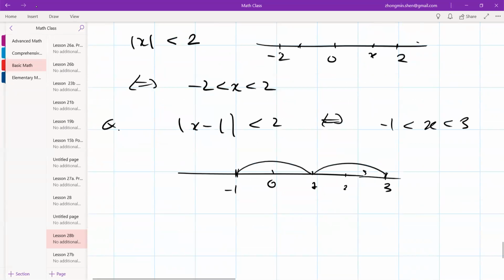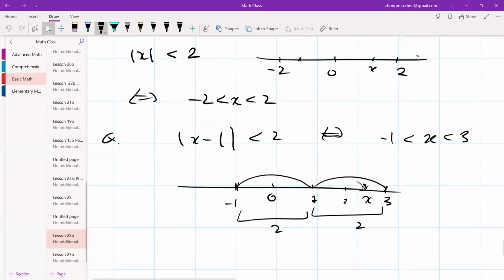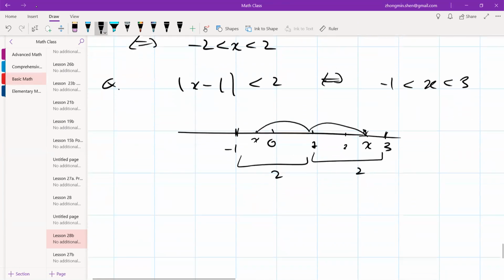Any x here, the distance between x and 1 is less than 2. Because this is going to be 2, this is going to be 2. So I should draw the picture. Yeah, so any x. x could be negative, could be positive.